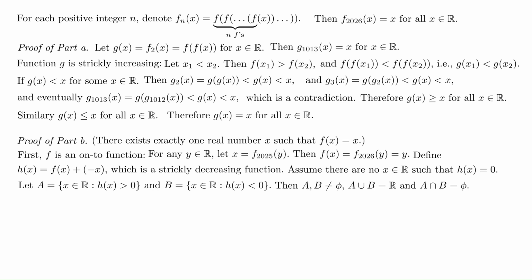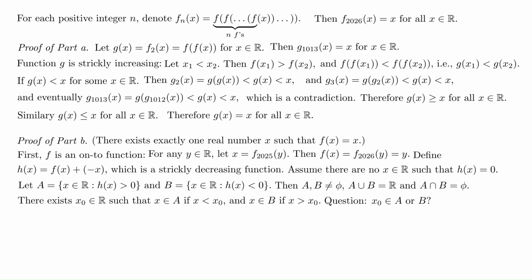Their union is all real numbers and they are disjoint. Moreover, because h decreases, there exists a point x0. Before x0, h is positive, they are in A. After x0, h is negative and they are in B.